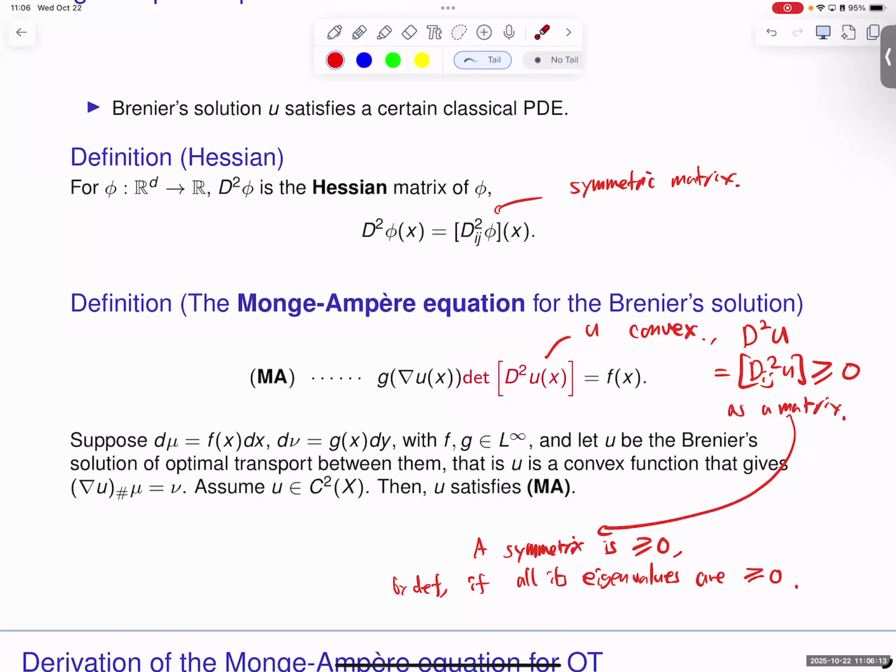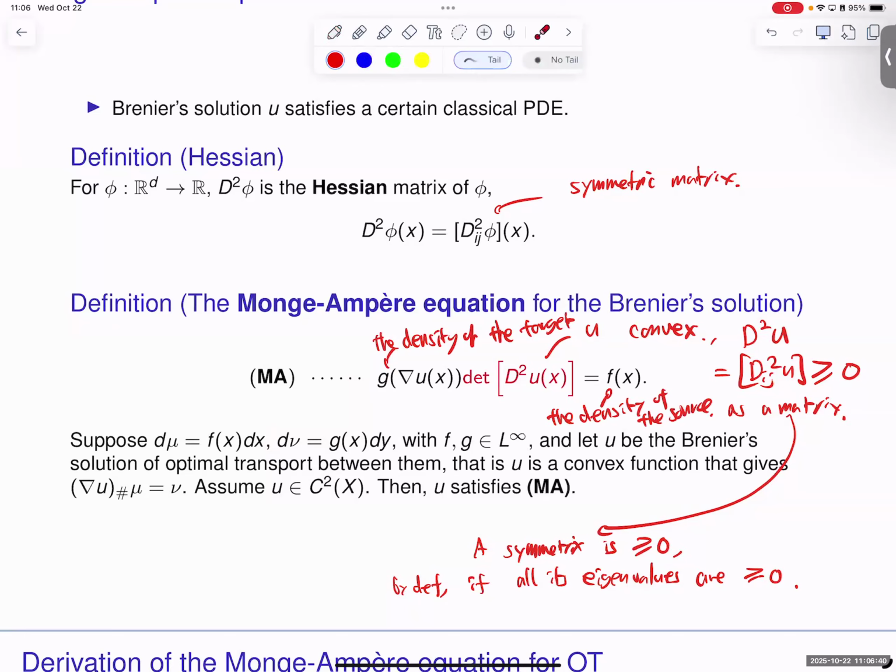But anyway, the point is that this G, evaluated at the gradient of u at x, is the density of the target measure, and F is the density of the source.